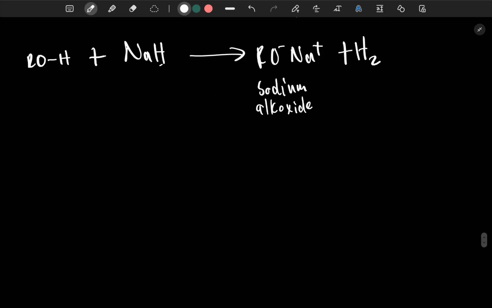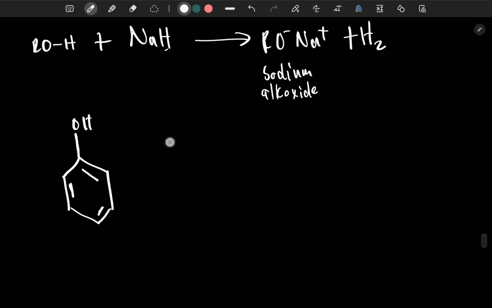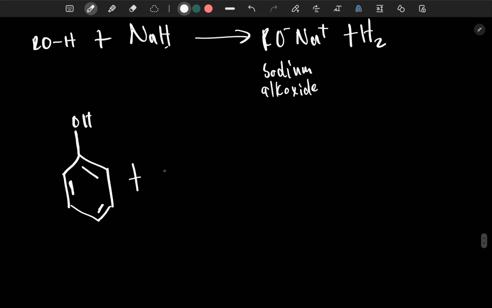Now, this is the same thing that happens if you had it as a phenol. So here is for your phenol. It's the same thing. Your benzene, so I could have anything like this, and you have an OH. So the moment I see this OH, I know, oh, it's a phenol. It's going to behave like an alcohol. What happens if I add a metal? So I'll add 2 moles of sodium.